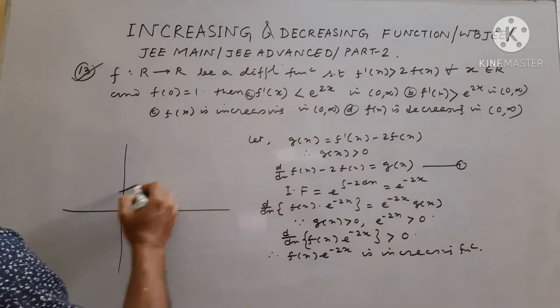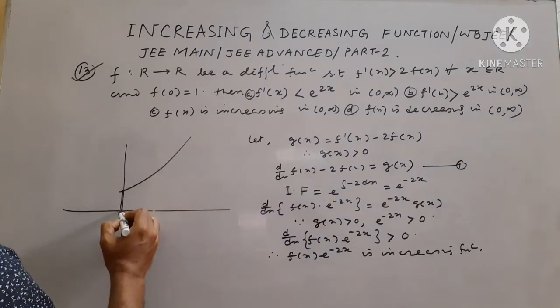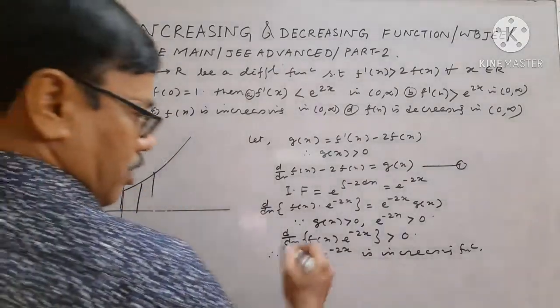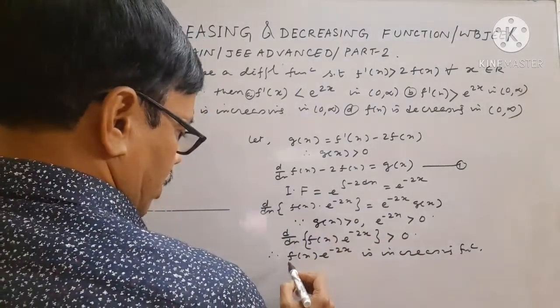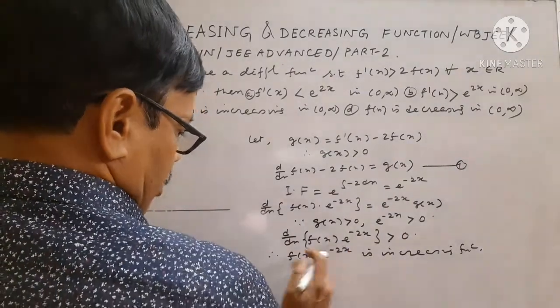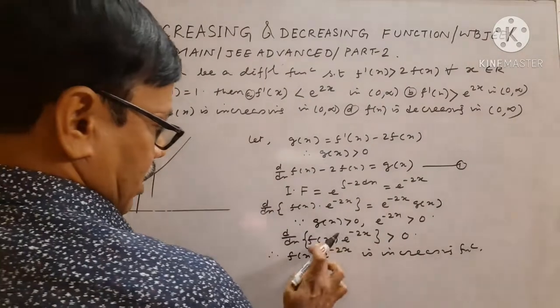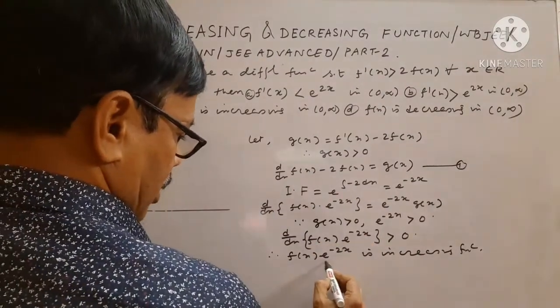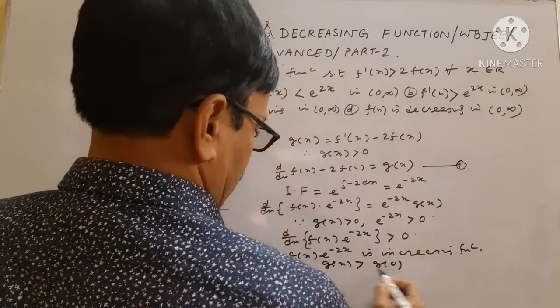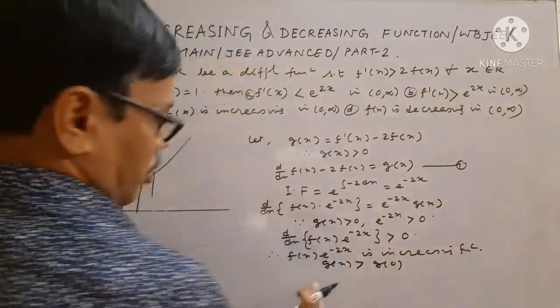So, if it is an increasing function, look at this type of figure, this is f(0), and these are f(x). We have already solved this type of problem. It is increasing, so the value at x is greater than the value at 0.